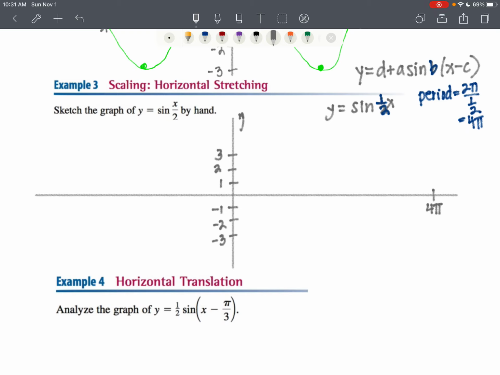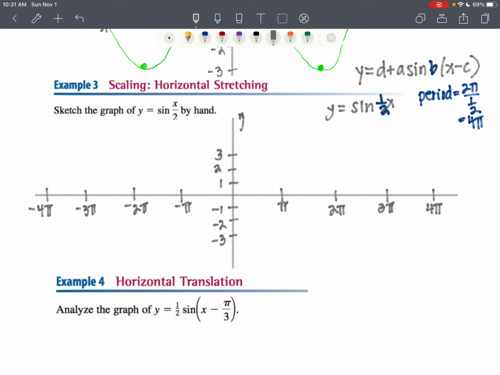So the period is 4 pi. So 0 to 4 pi, and then halfway is 2 pi, and then halfway is pi. Halfway between 2 pi and 4 pi is 3 pi. We'll continue the same on the left with our negatives. -4 pi, -2 pi, -3 pi, -pi.